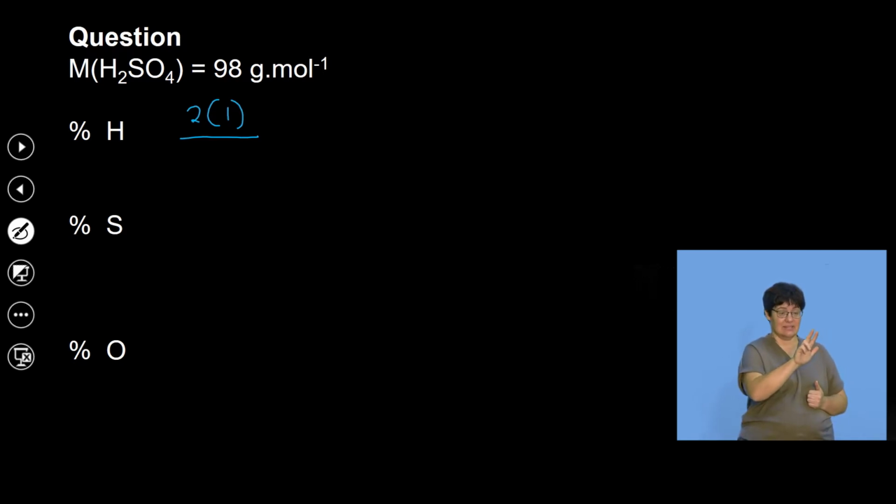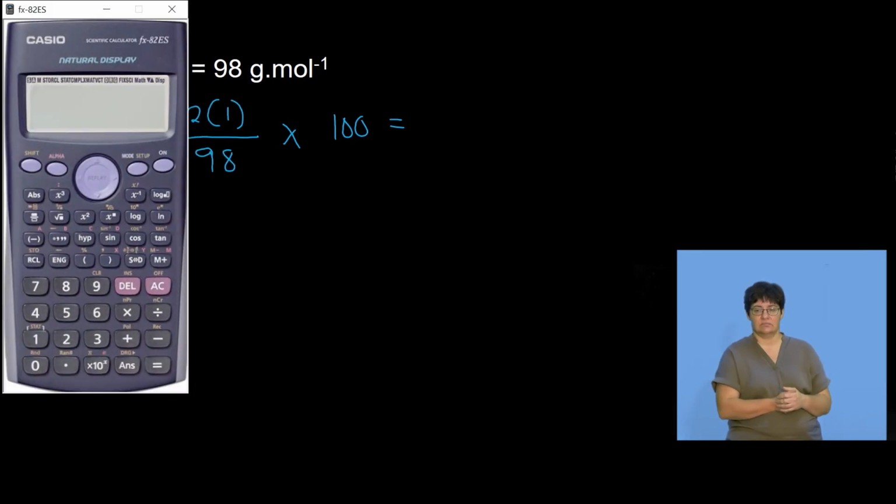The 98 here is the total, which is 98 grams per mole. If we multiply this by 100, it will give us the percentage of hydrogen that is present in sulfuric acid. So if we go to our calculator, what do we have here?